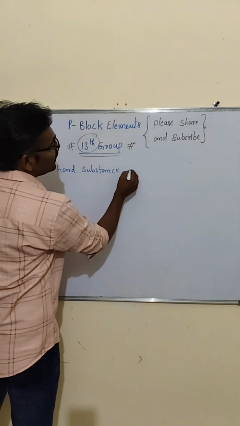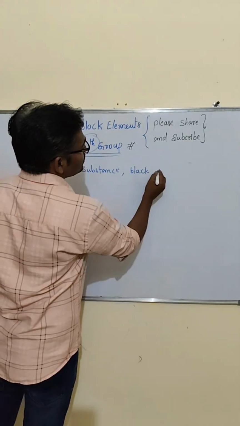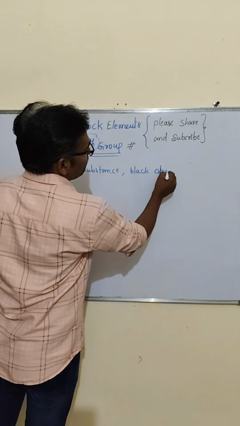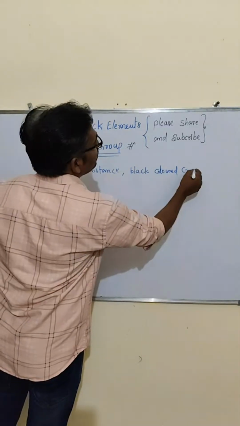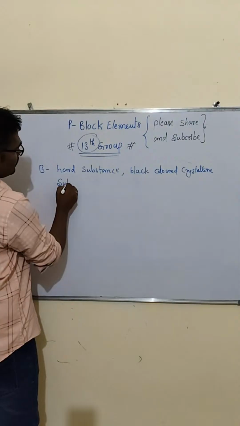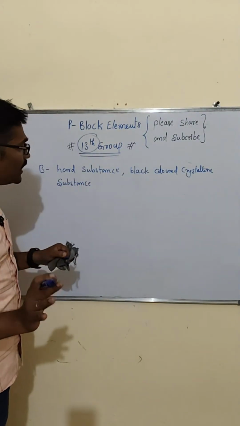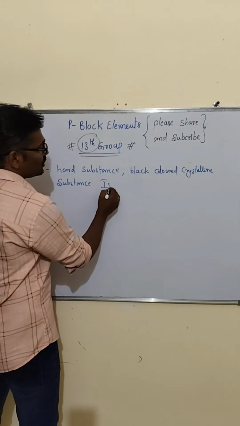It is a black colored crystalline substance. Remember, it contains an icosahedron structure.